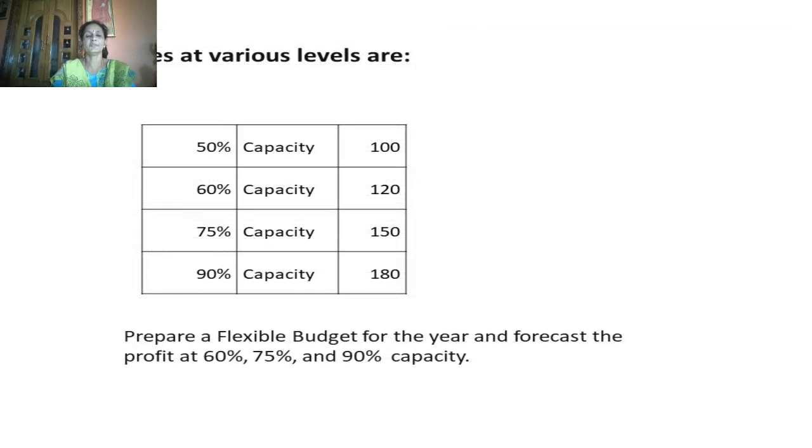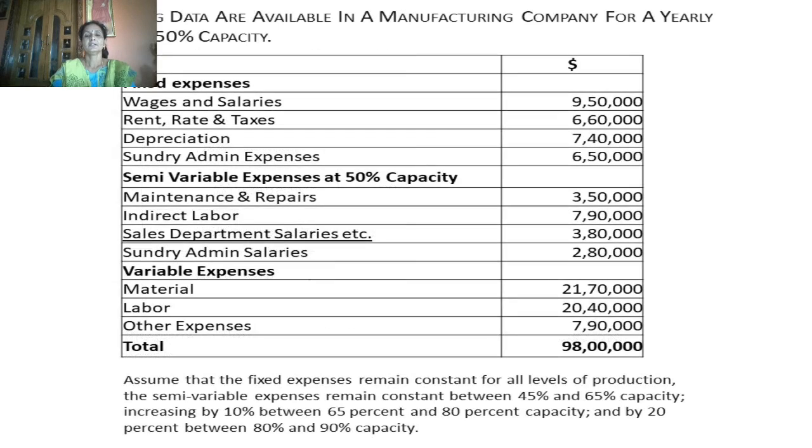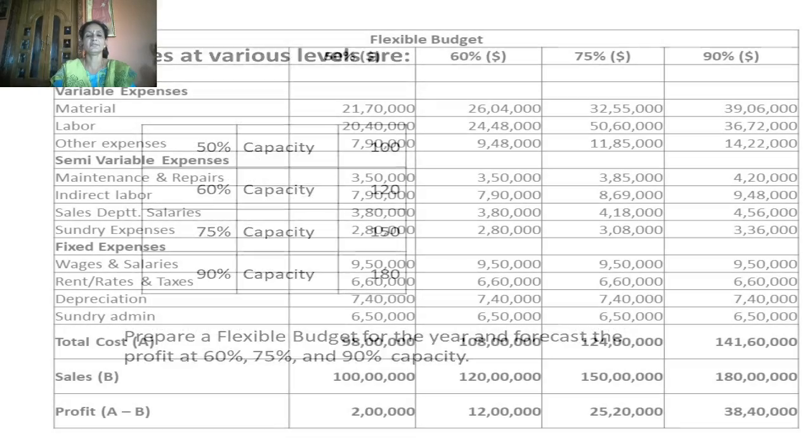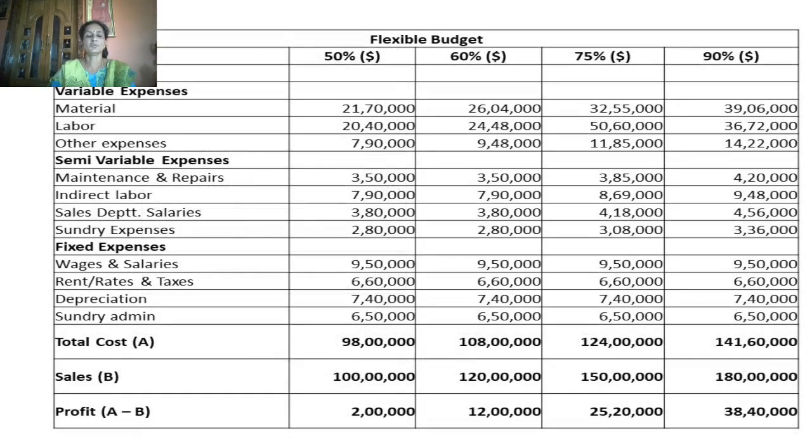In the problem they have mentioned at 50% capacity the sales is 100. So in each calculation you have to take into consideration 100, in 50,000 number of units you will get 1 crore. So 1 crore minus total cost is 98 lakhs. The profit level, that is A minus B, you will get 2 lakhs at 50% level of capacity.